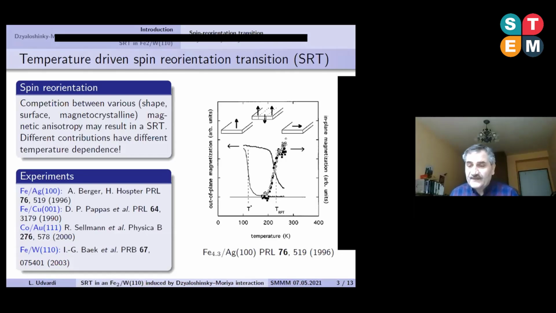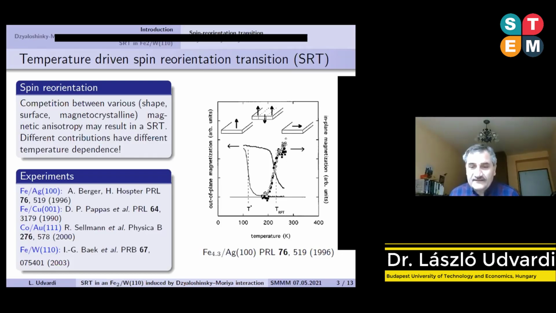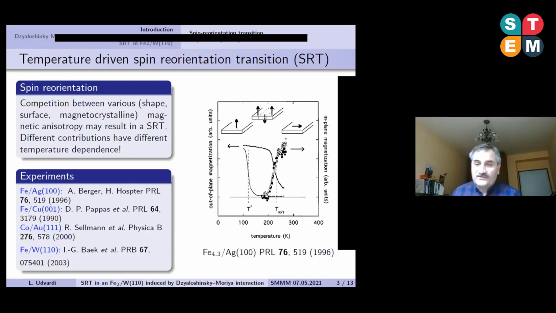For thin films, it has an even more important role, because in the lack of the magnetic anisotropy, there would be no long-range order according to the Mermin-Wagner theorem. So for thin films, the magnetic anisotropy has a key role in the formation of the long-range order.